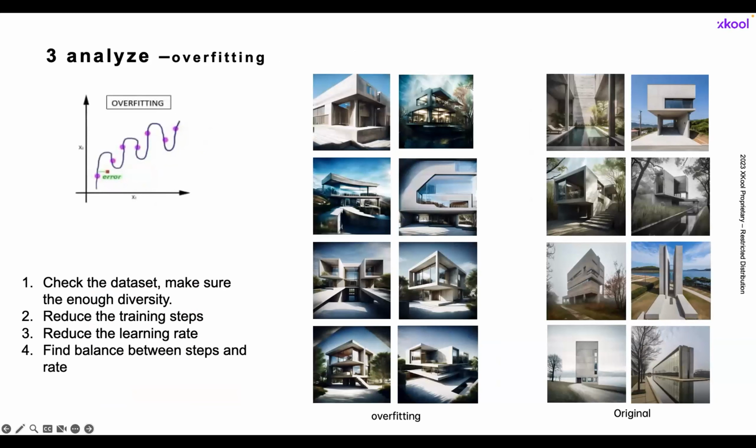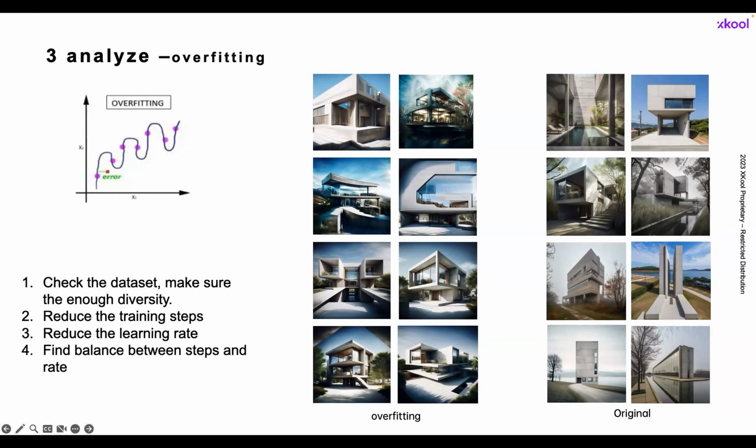So in this kind of situation, we have a very simple way to change the results. If you find the result is overfitting, the first thing is to check your data set. Just like I said before, make sure you have enough diversity.